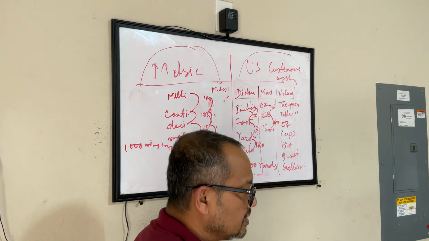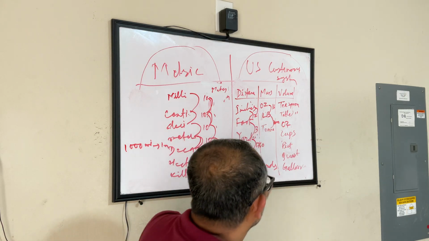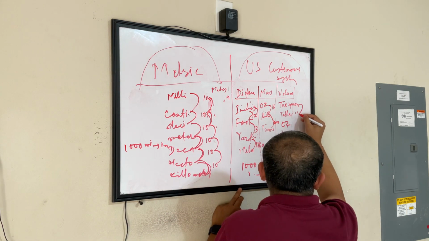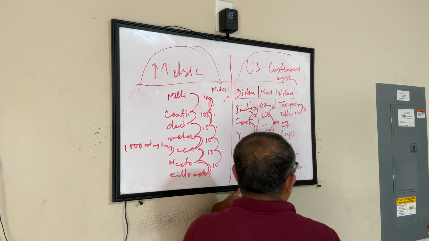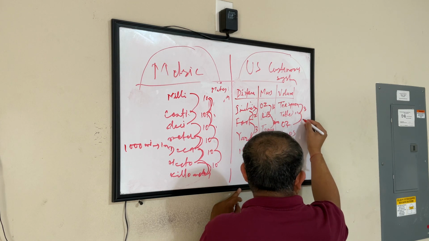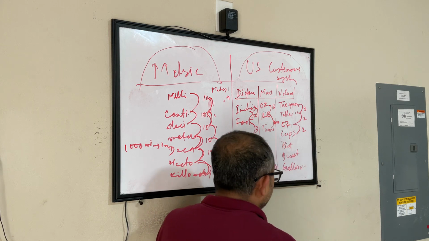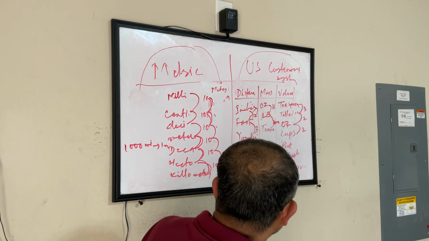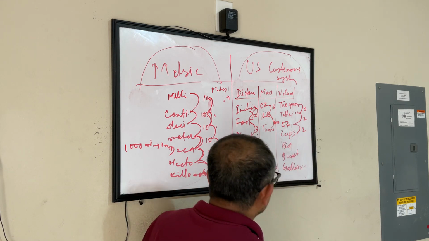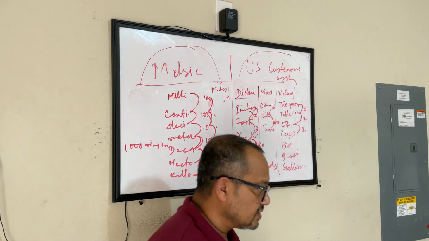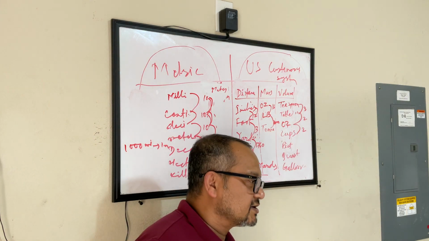Okay. So 3 teaspoons make a tablespoon, 2 tablespoons make an ounce, and 8 ounces make a cup. How many cups make a pint? I had sent you guys that conversion also.